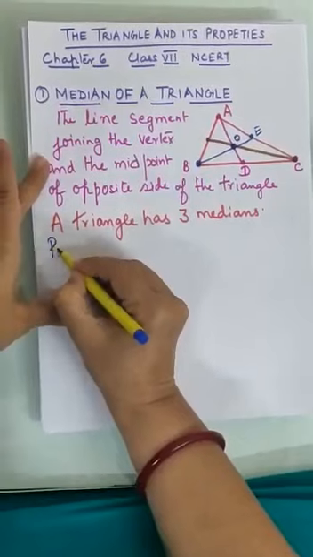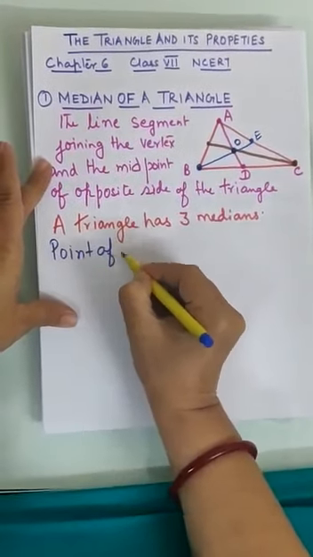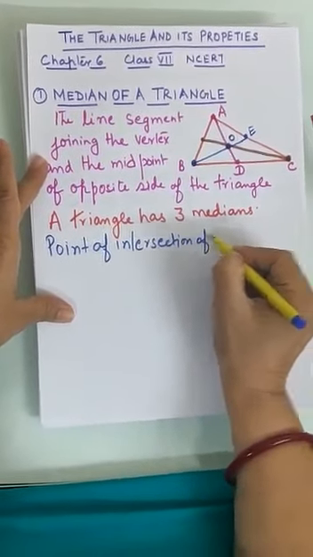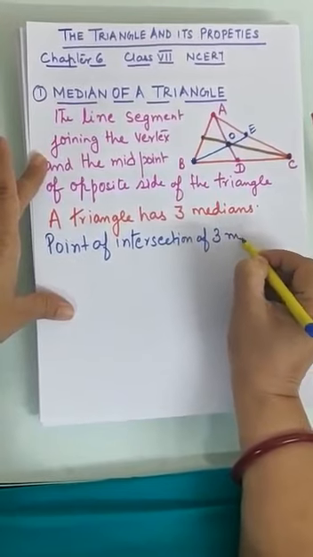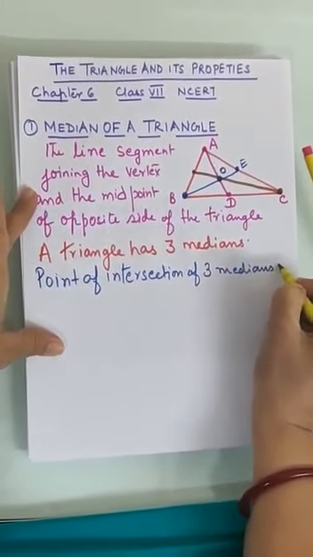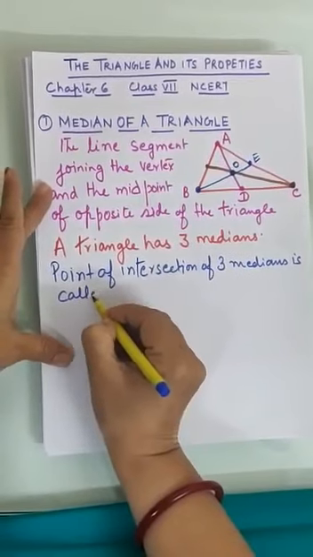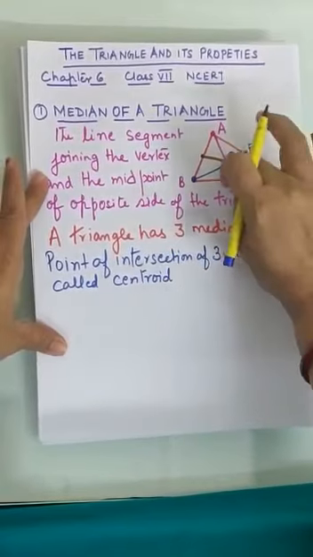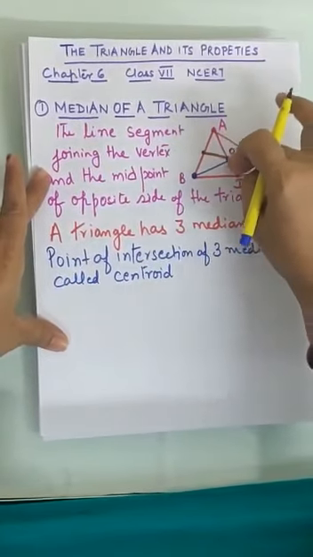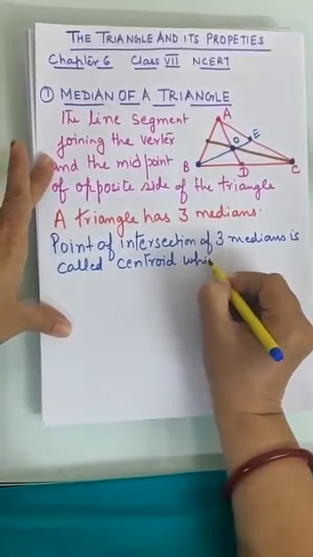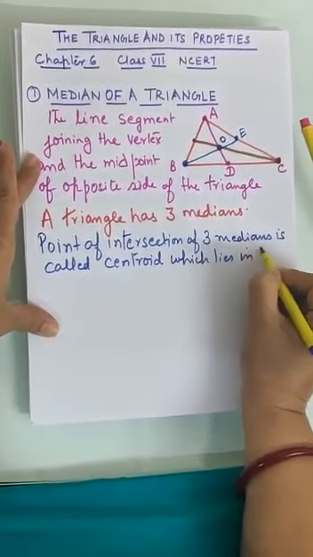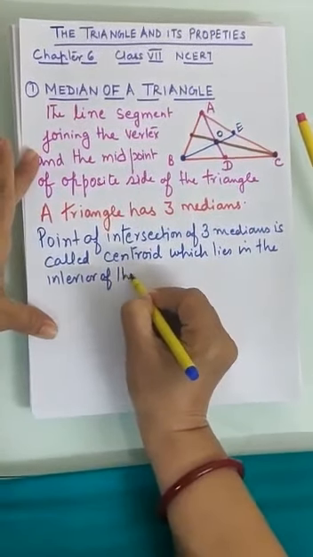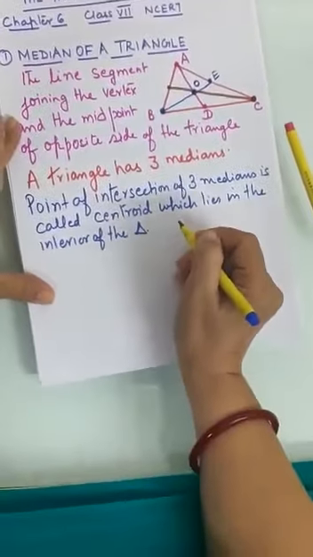So we write: point of intersection of three medians is called centroid, and this lies in the interior of the triangle.